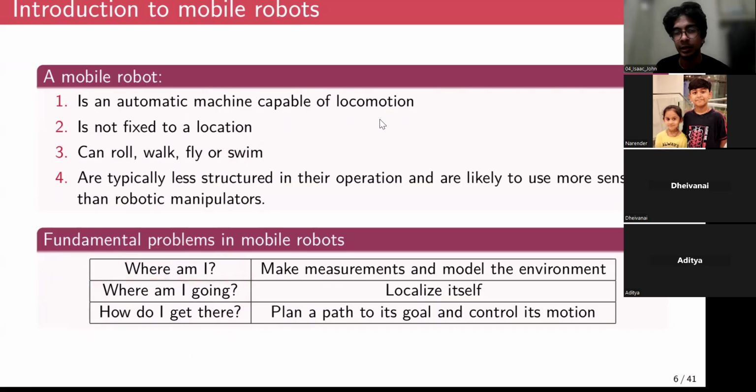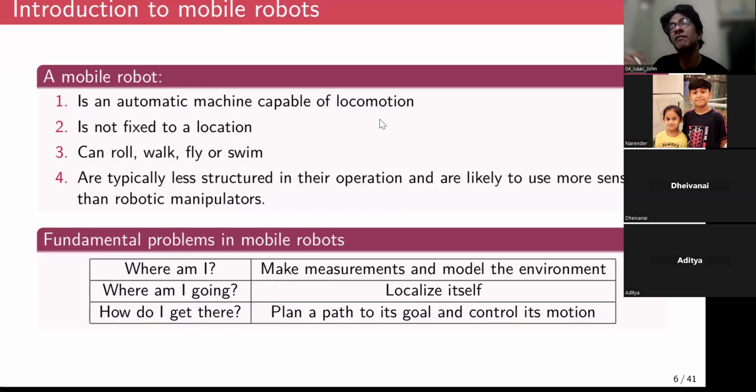Where am I? To answer where its position or current location is, it has to make measurements and model the environment. As you will see in the subsequent weeks, there are two ways it can do this.